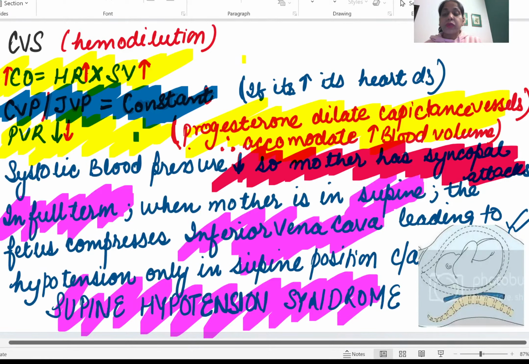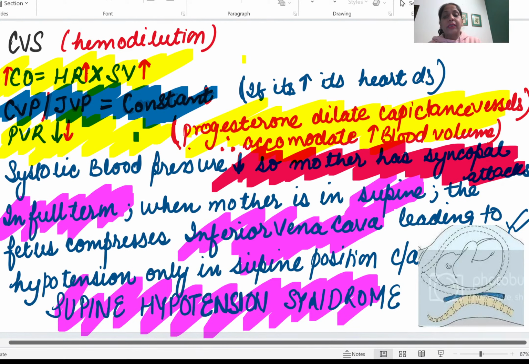The peripheral vascular resistance decreases in the pregnancy. Why is it so? Because we have studied that there is increase in plasma volume. So the capacitance vessels dilate in response to the progesterone. Under the effect of the progesterone, the capacitance vessels dilate and they accommodate the increased blood volume.